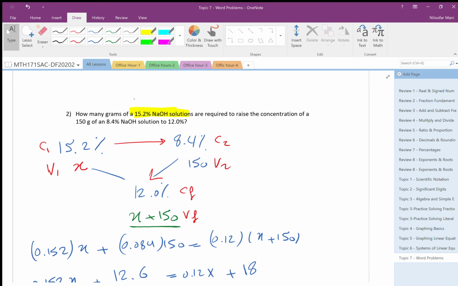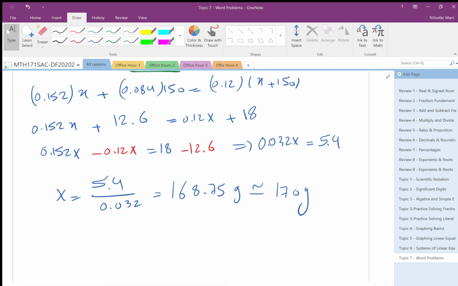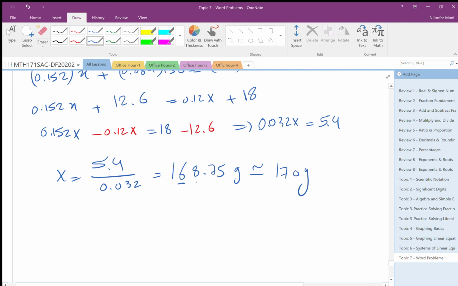Here I have 3 significant digits, here I have 2 significant digits, and 150 grams could be 2 or 3, it doesn't matter. Anyway, the smallest is 2 significant digits, so I have to round to 2 significant digits. I underline that, check that, and then round to that.